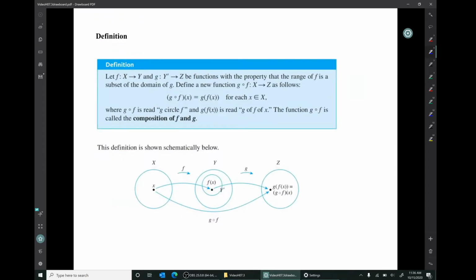Let's go on to the current material, section 7.3. Now, first of all, notice that there's a mistake in the book's definition.